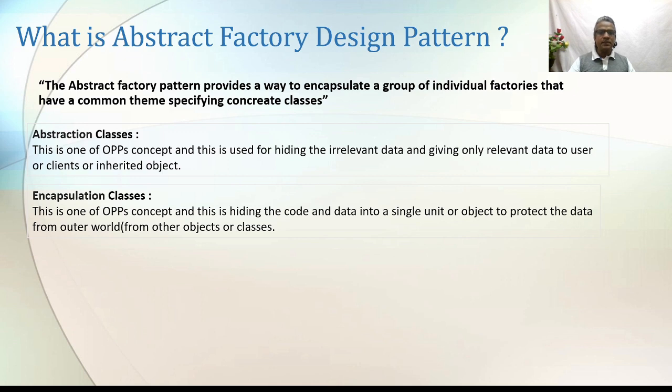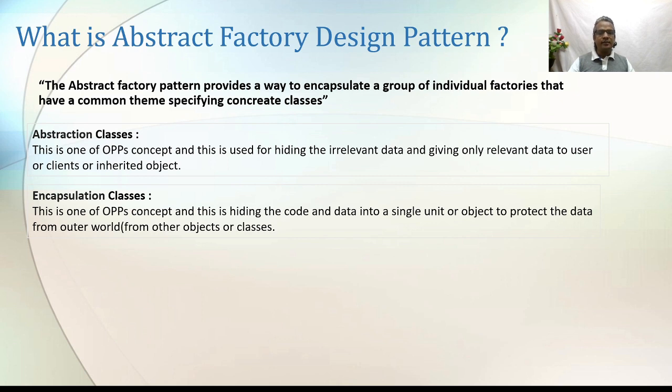I don't want to confuse the user here, so I'll just give an overview of OOPS concepts. We have four types of OOPS concepts: abstraction, encapsulation, inheritance, and polymorphism. I already explained abstraction and encapsulation, and then we have inheritance. Inheritance means inheriting from a base class into a derived class.